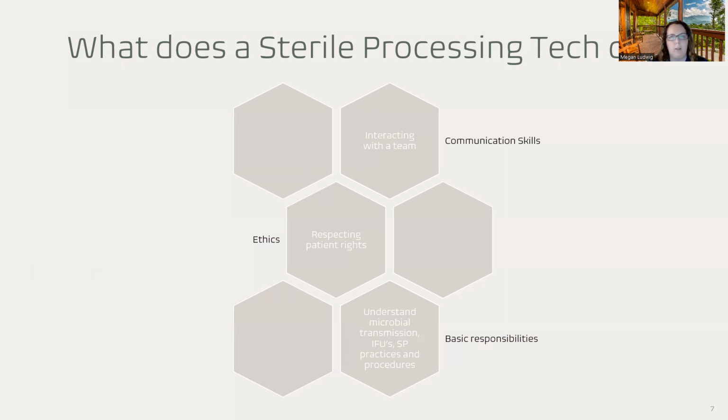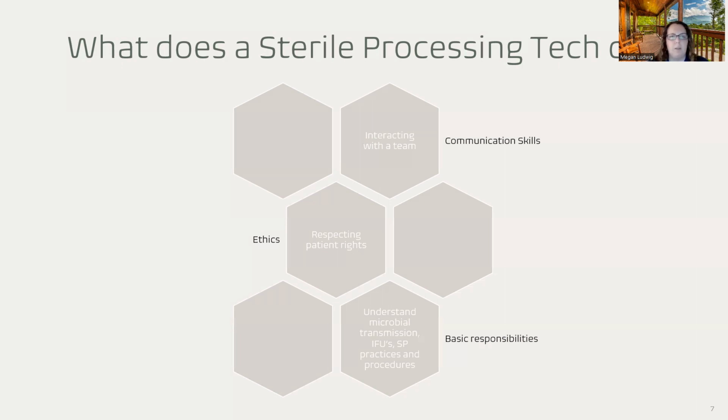I could teach you all day anatomy, instruments, sterile processing, all that stuff. But it's hard for a teacher to instill ethics into somebody. That's in your head. That's your actions that you portray when nobody else is looking, right? So having good moral ethics, a good moral compass is very important in sterile processing because you also have that patient's life in your hands in a way.